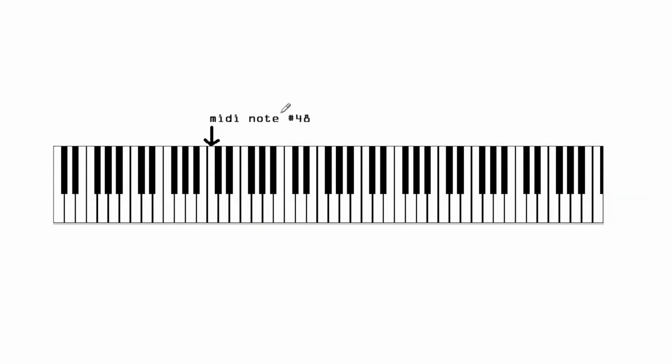The advantage of working in semitones is that your interval would always be the same, regardless of where you are on the keyboard. So if I add 2 semitones, well, it would be the same if I were here. I could just add 2 semitones and 2 semitones.